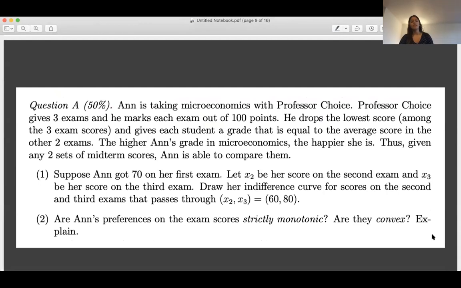So this is the first question. I'm just going to give you guys 1-2 minutes to read through the question, and then can somebody just say yes when they're ready to go through it.